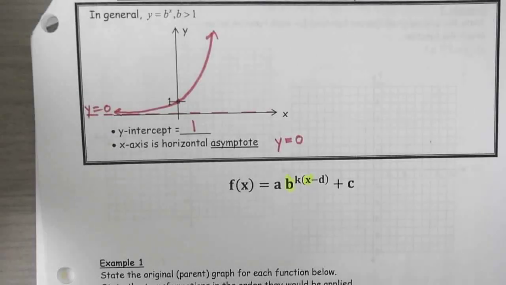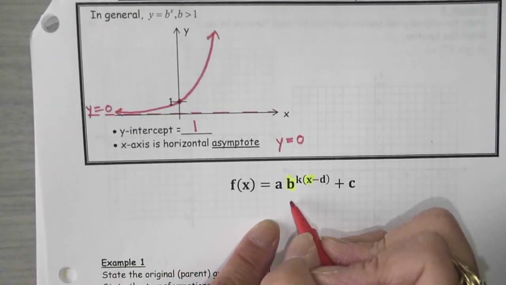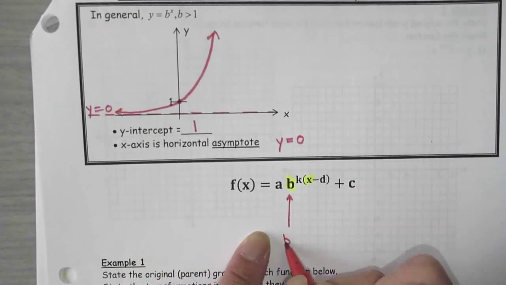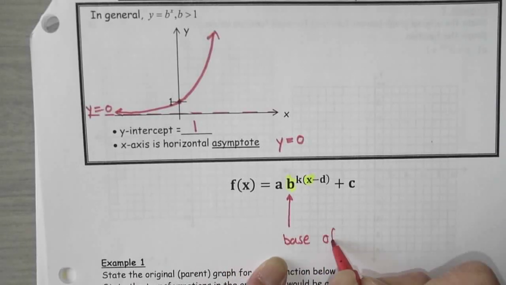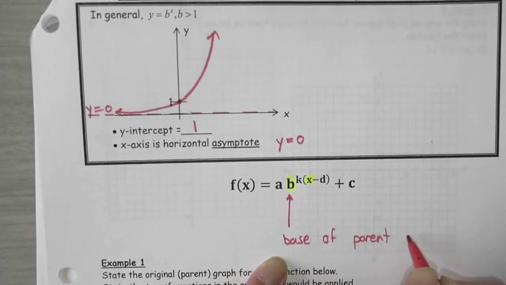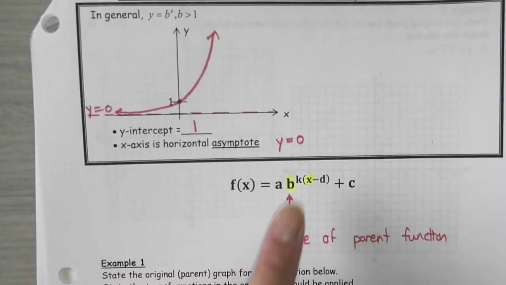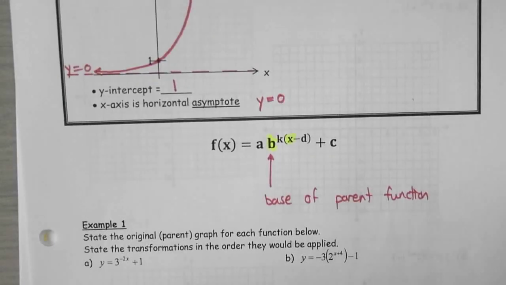So I'll refer to this one as the base of the parent function. So that b will be the parent function base, and then we'll have it to the x. Now, everything around it is going to work exactly the way it did with all of our other transformations.